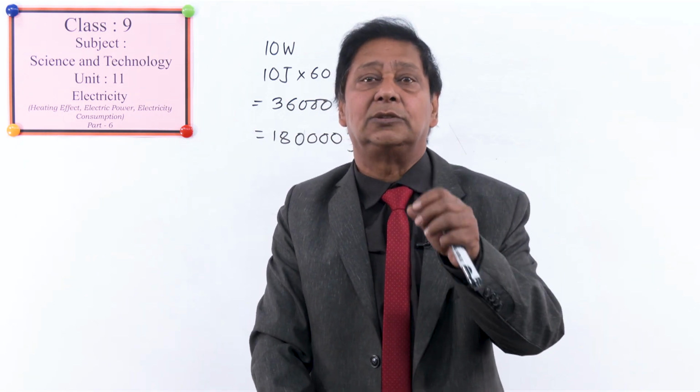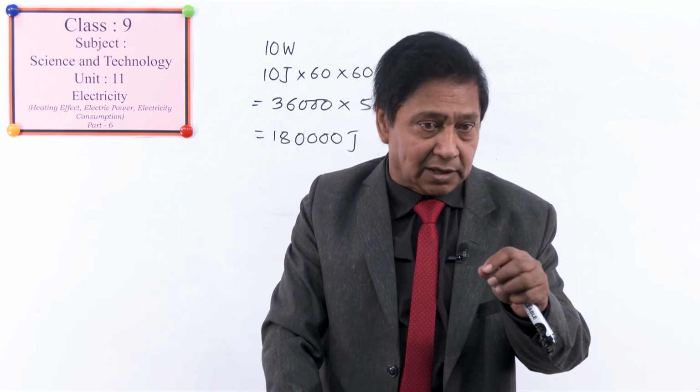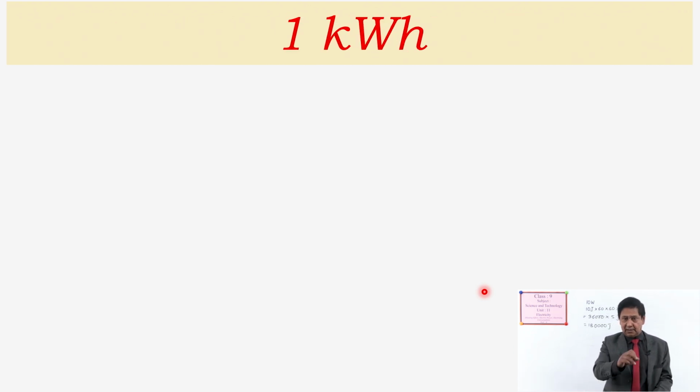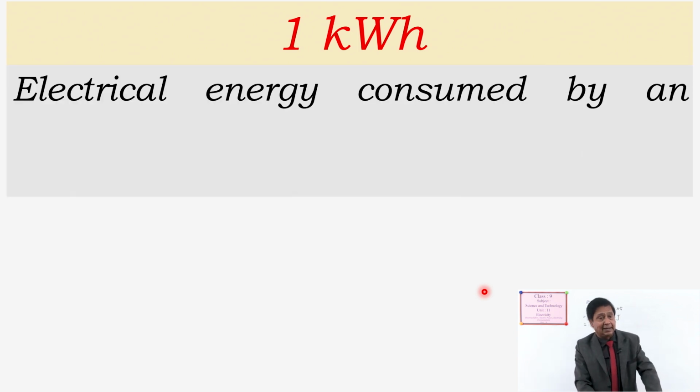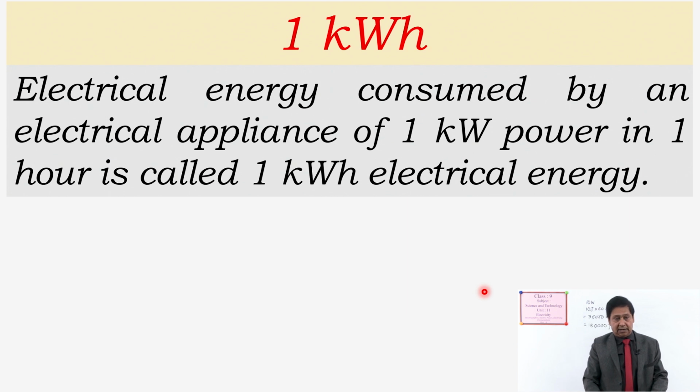What unit is used to find the electrical energy consumed in a house? The unit is kilowatt hour, and this is denoted by the symbol kWh. Now what is 1 kilowatt hour? The electrical energy consumed by an electrical appliance of 1 kilowatt power in 1 hour is called 1 kilowatt hour electrical energy.